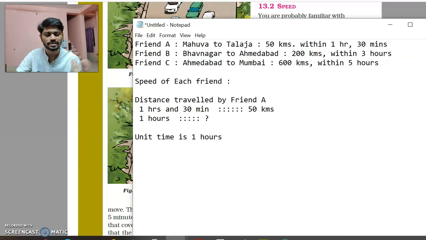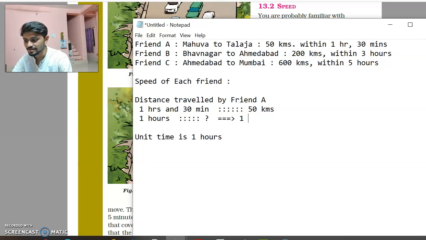Very easy. We just have to do cross multiplication. In 1 hour he might have traveled a distance equal to 1 hour into 50 kilometers divided by 1 hour and 30 minutes.